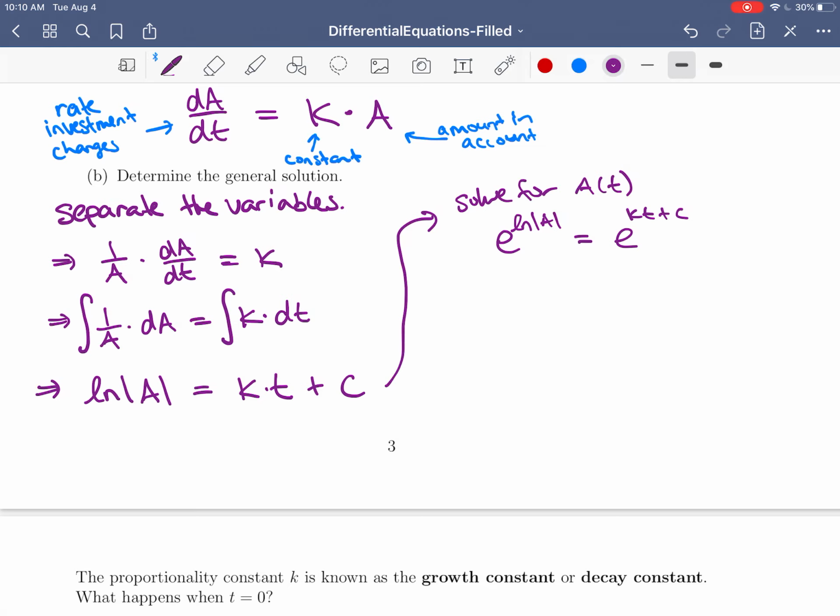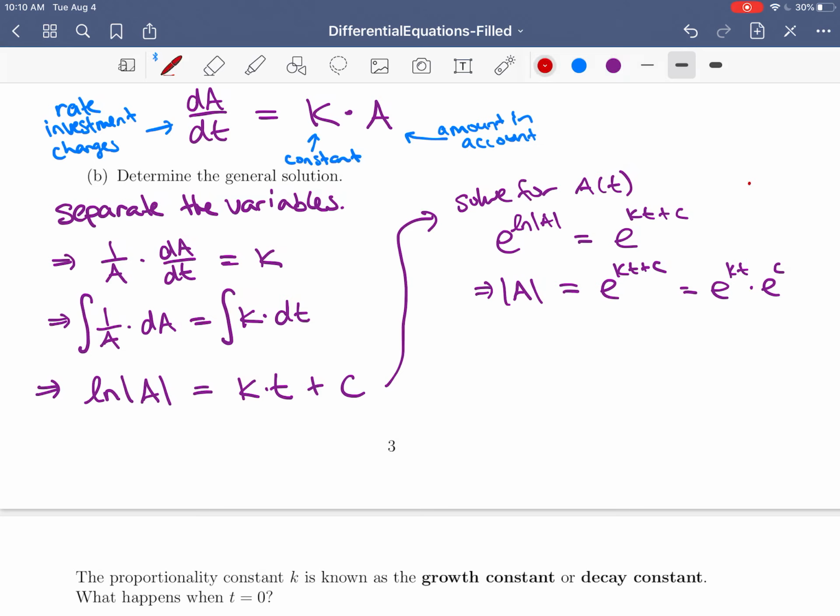So e and ln cancel, and I just get absolute value a is equal to e to the kt plus c, which I could actually write as e to the kt times e to the c. When you have addition in the exponent, it's like multiplying with the same base.